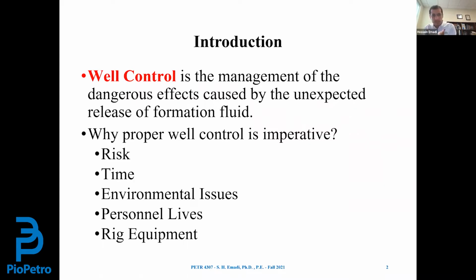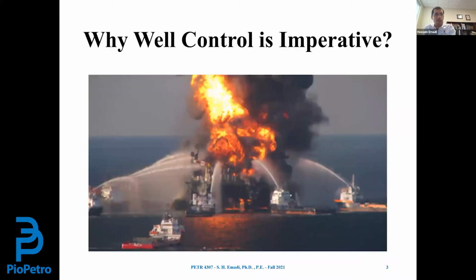And the last one is the rig equipment. Obviously, if a blowout happens, then we may end up losing the rig and the well. So this is an infamous picture of what happened in Macondo in 2010. So you see the size of the calamity here.